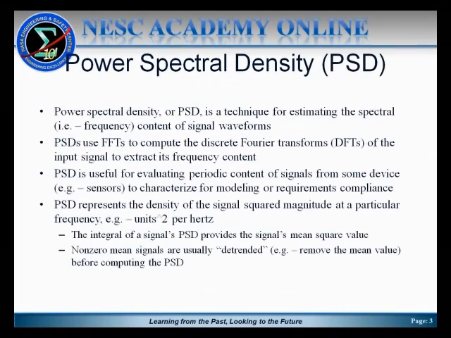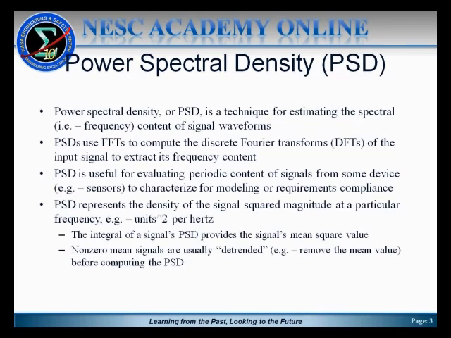Power spectral density, also known as PSD, is a technique for estimating the spectral or frequency content of signal waveforms. PSDs use FFTs, or fast Fourier transforms, to efficiently compute the discrete Fourier transforms of the input signal that are then used to extract its frequency content. But it's an important distinction to note that PSDs and FFTs really are not different things.